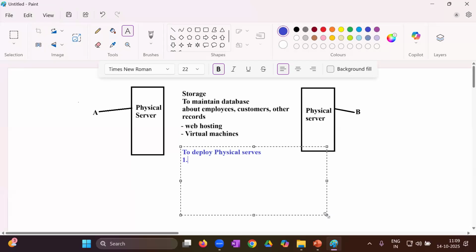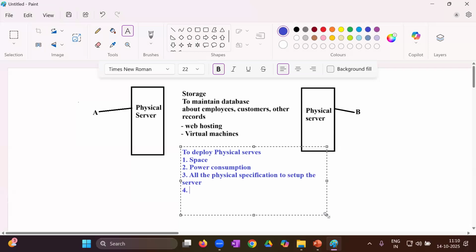It requires one is what? Space it requires. Then power consumption will be there. Then all its setups, like we can say all the physical specifications to set up the server.